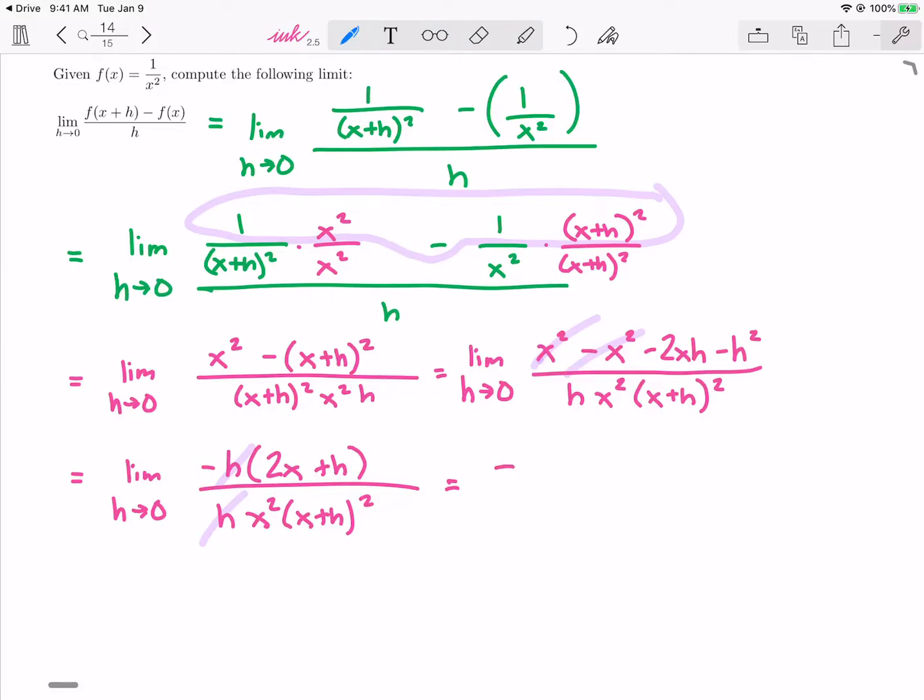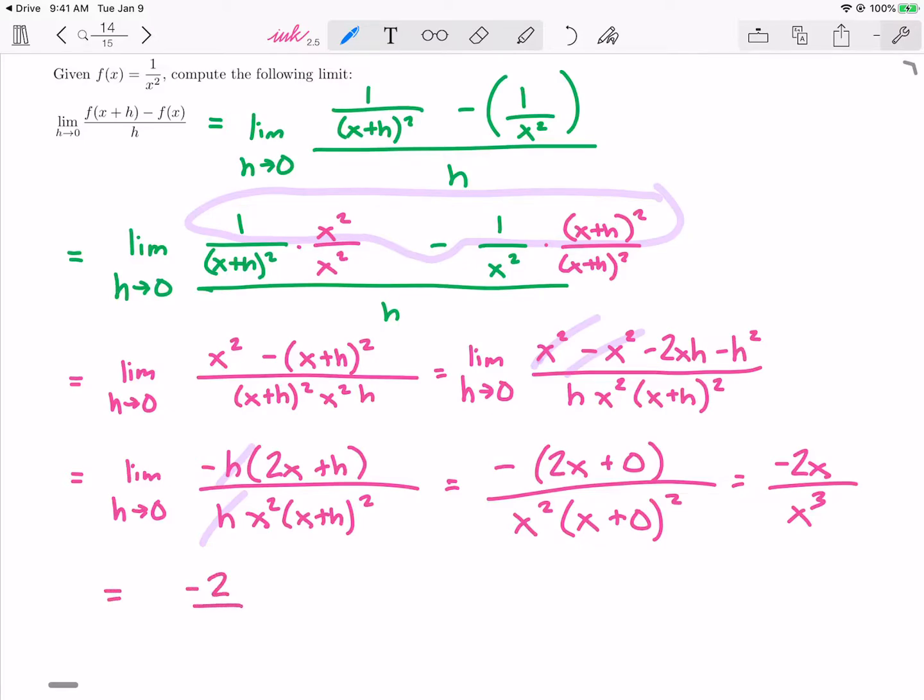So I've got negative 2x plus h is now 0. I'm doing direct substitution because it's safe. I will not get 0 over 0. And I end up with a negative 2x on top. And in the denominator, I've got x squared times x, which is x cubed.